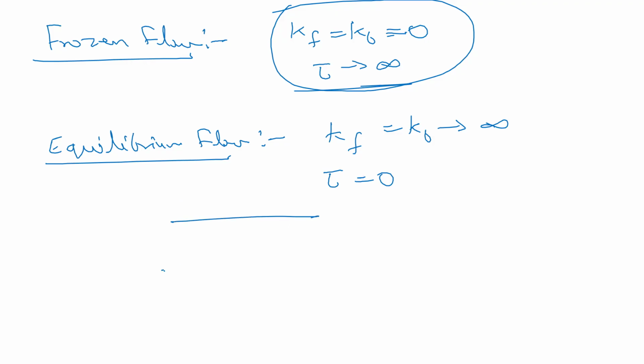Let's say there is flow happening. At each point of the flow there is a different temperature, due to which chemical reaction is happening, but at the next point of the flow it will attain equilibrium automatically. So it does not take time for the chemical reaction and vibrational excitation to occur.